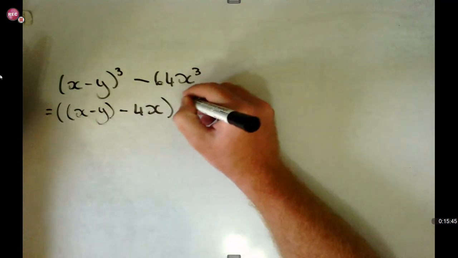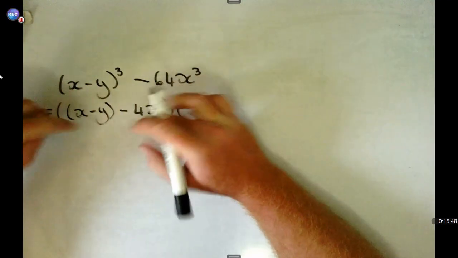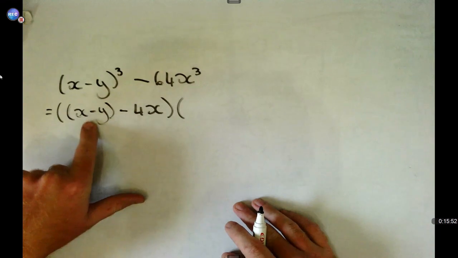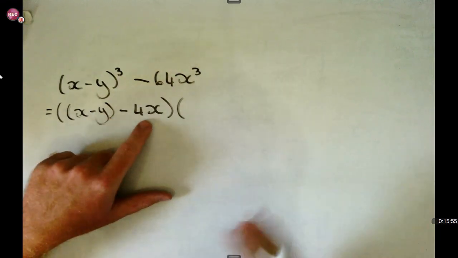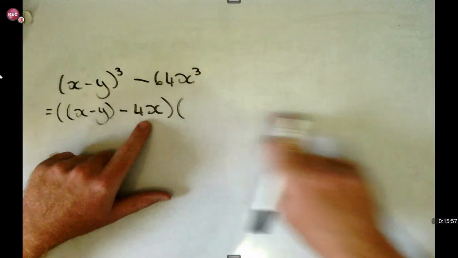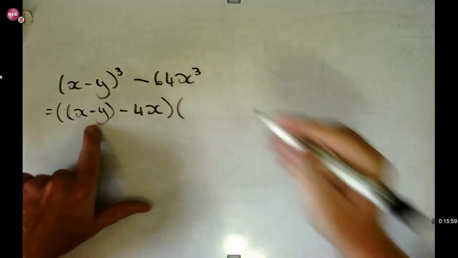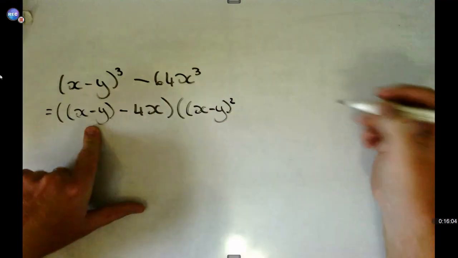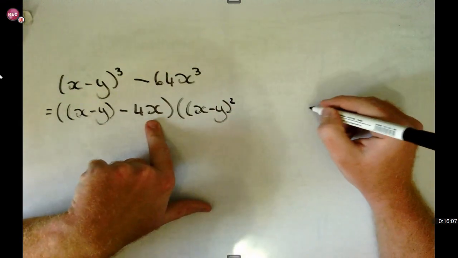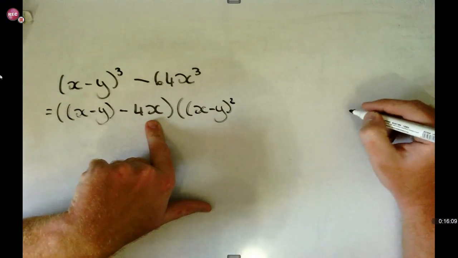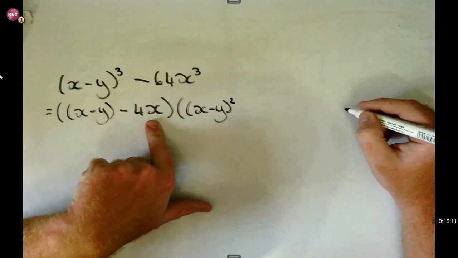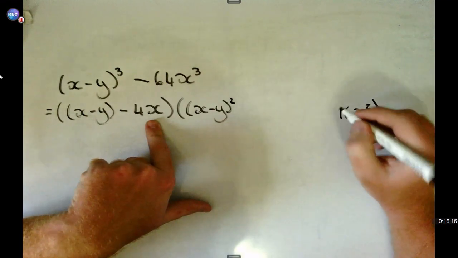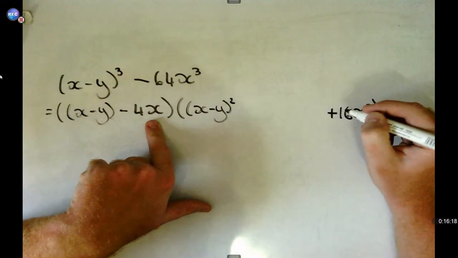Okay. Second bracket now needs to come from here. So we now need to square this and this to create the first and the last term in the second bracket. Okay. So we'll have then (x minus y) squared, and then for this one over here we'll have 16x squared. Remember that your last sign is always a positive.